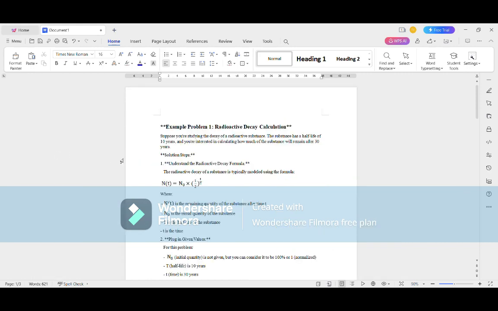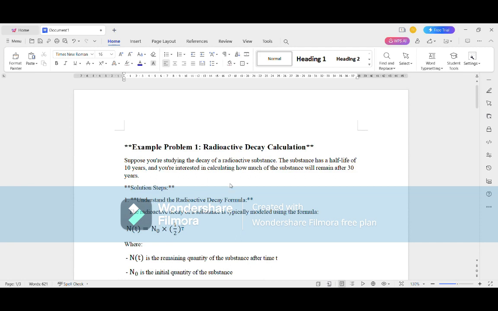In example 1, we will explore the radioactive decay calculation. Suppose we're studying the decay of a radioactive substance. The substance has a half-life of 10 years, and you're interested in calculating how much of the substance remains after 30 years.